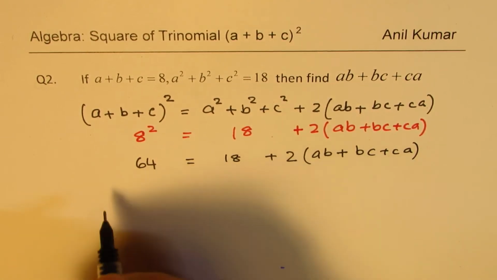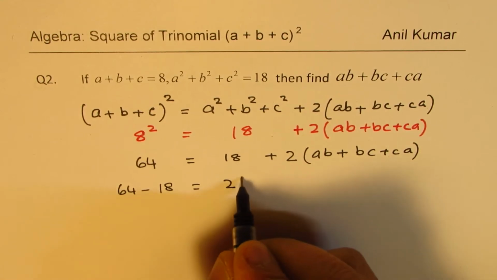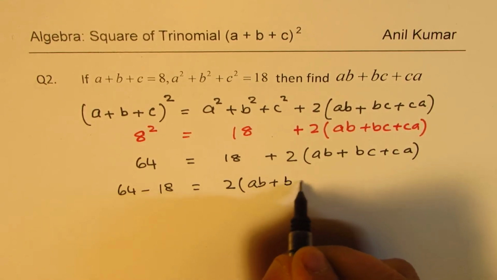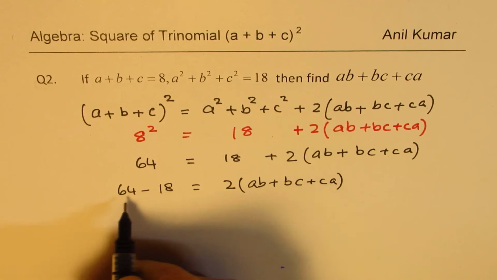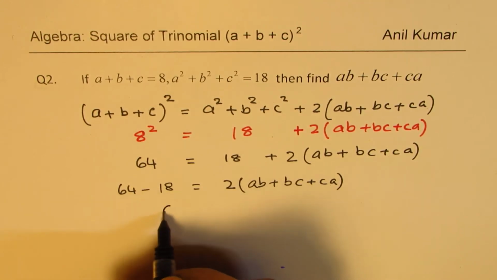So we can rearrange: 64 minus 18 equals 2 times (ab plus bc plus ca), and this is equal to 46.